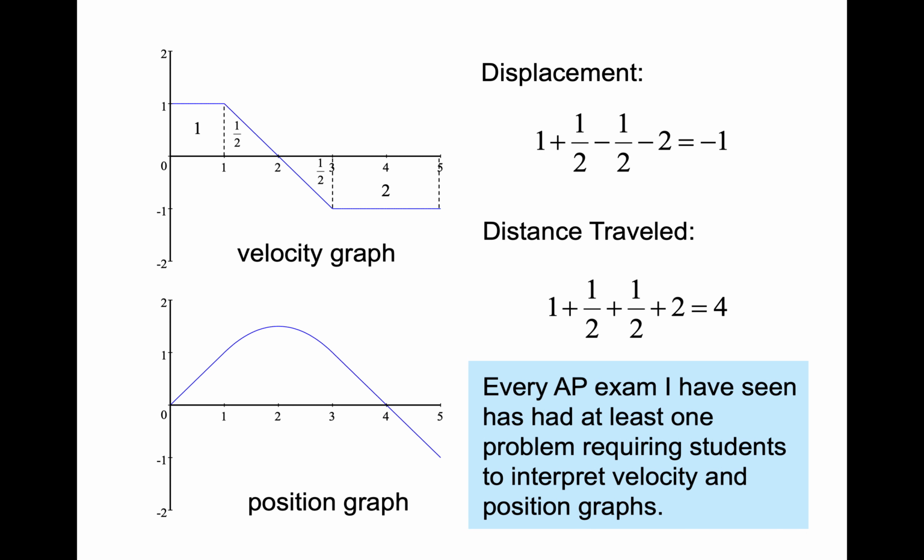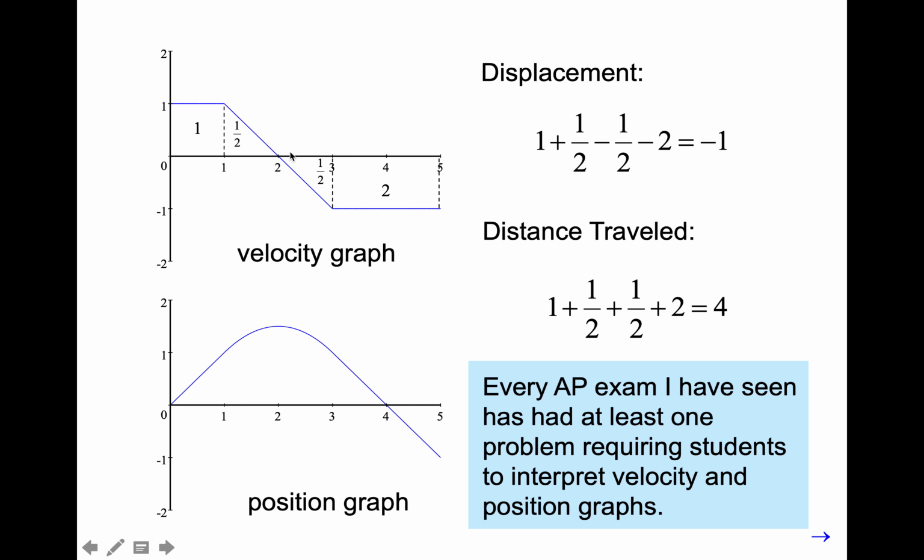Okay, so for this position graph, the velocity right here is 1. So notice from 0 to 1, we have a slope of 1. Then you can see my velocity is positive, and when I get to x equals 2, it changes to negative. So that tells me there's a max at x equals 2. When the velocity goes from positive to negative, the position is at a maximum right here.